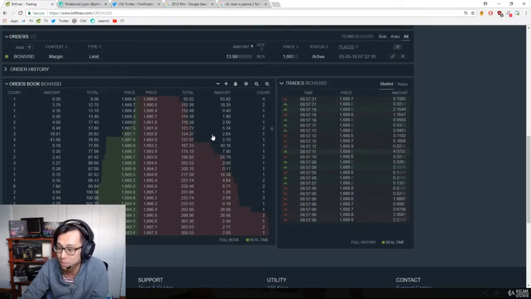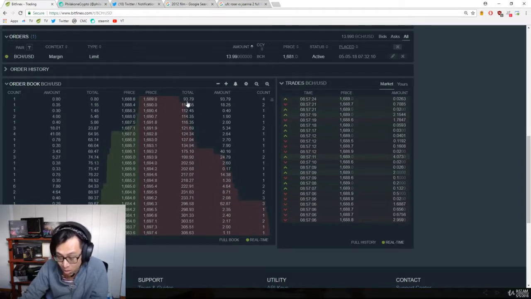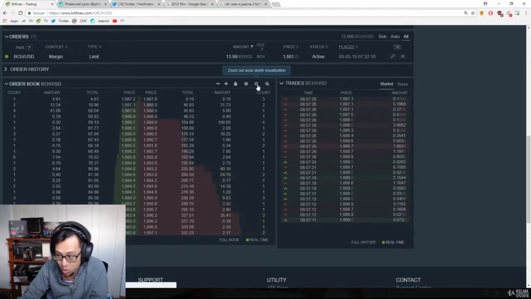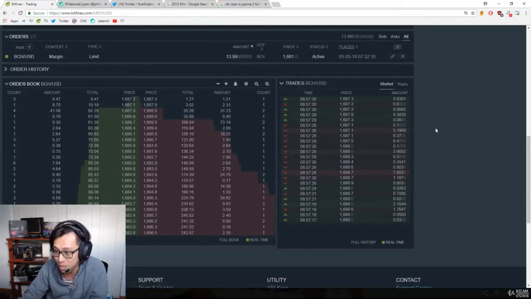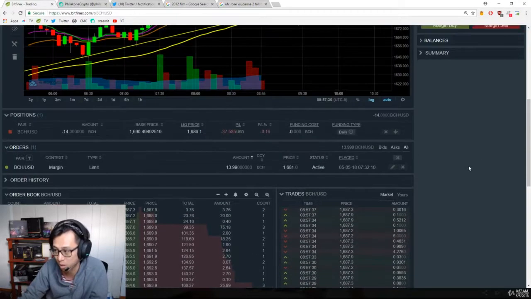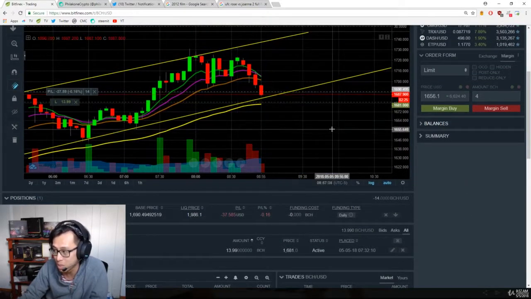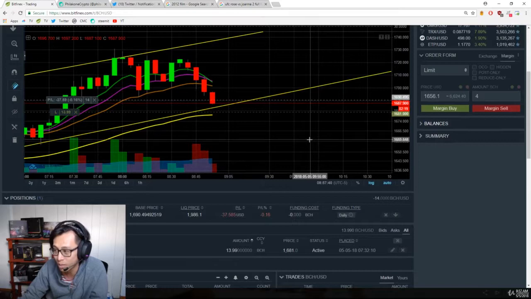So if this is the bigger tidal wave side, it's got a lot more red on the side. You can zoom in and out however you wish over here, and you can easily see that this side's got a much bigger tidal wave, which is most likely going to end up devouring the side with a smaller tidal wave. So mine is just at about 1681 right here, right?